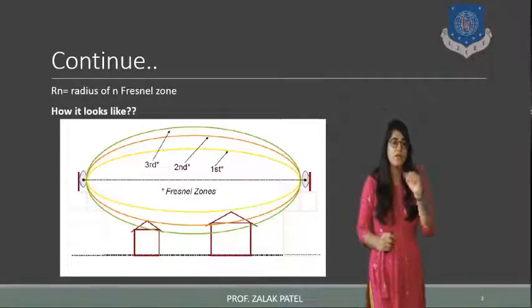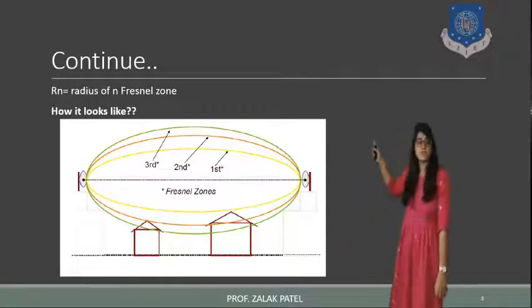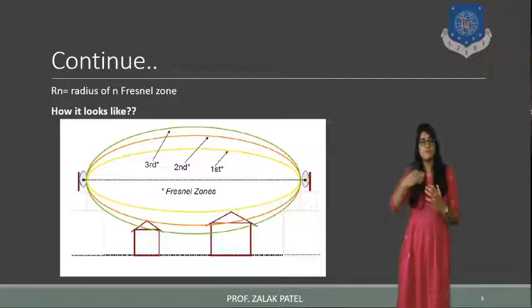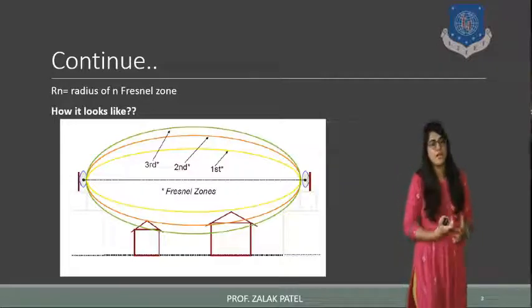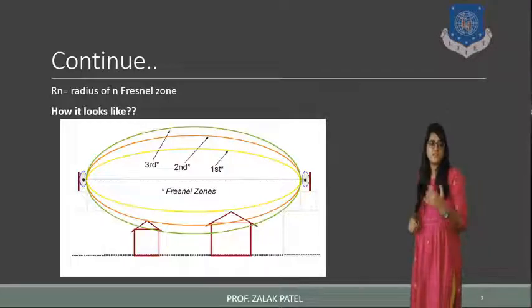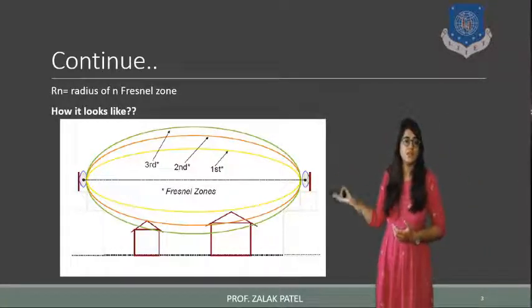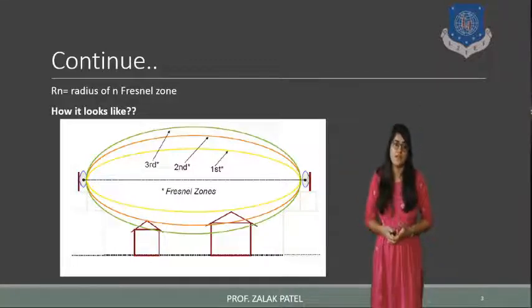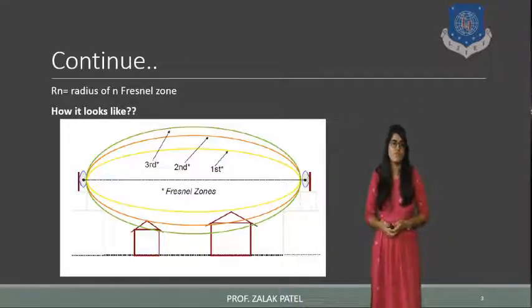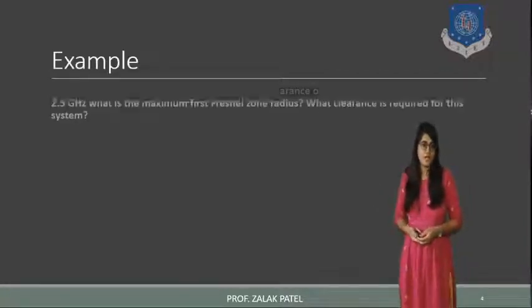You can see that the nearest zone is denoted as the first Fresnel zone, and as we move away from the center, the number increases: the nearest circle is the first Fresnel zone, then the second, and then the third Fresnel zone. Here we talk about only the first, second and third Fresnel zones. So this is how it looks.